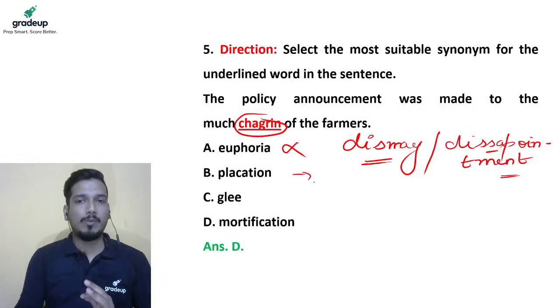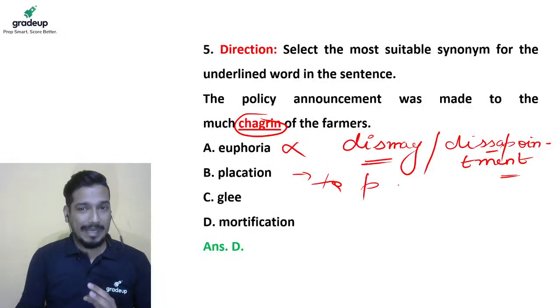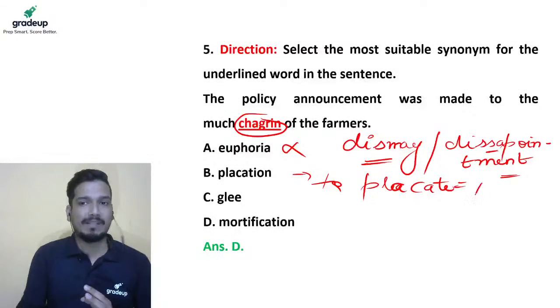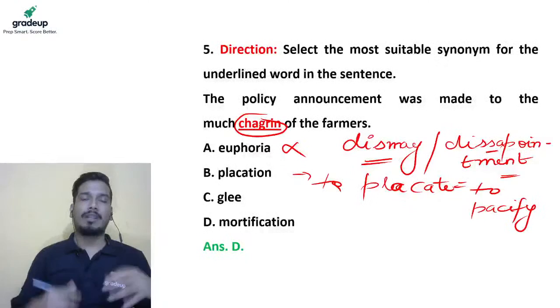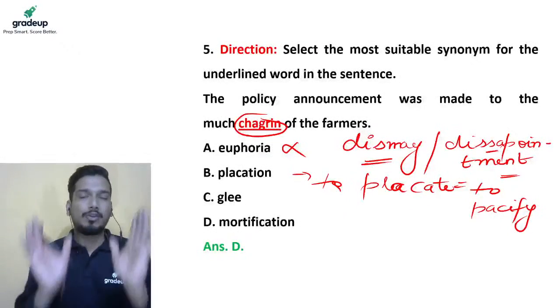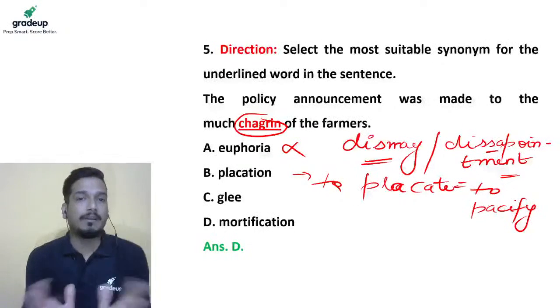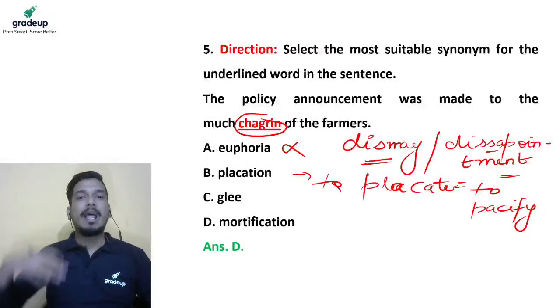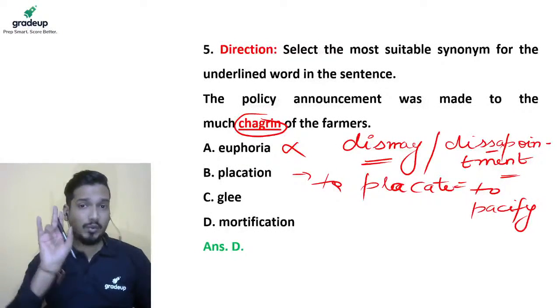Placation. To placate is an action in which you pacify the crowd. You make them silent, or if they are going angry, you somehow subdue them. Glee means happiness. D, mortification, has two meanings.